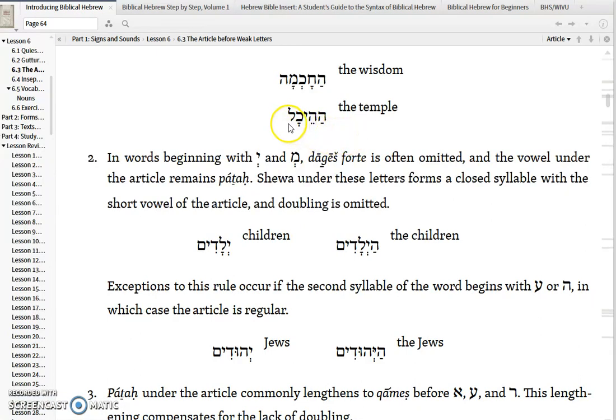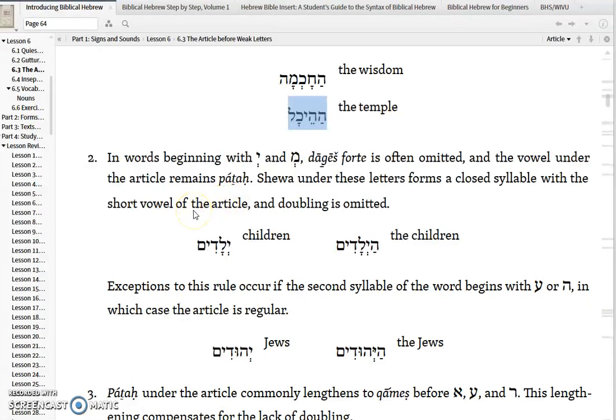Same thing would be true of a word beginning with hey. You have heikal, which is the word for temple. You add the article hey. You try to put a patah, double the hey. First hey is the hey of the article. The second hey is the hey of the word. But again, it will not accept the hey, and it will simply spit it out.